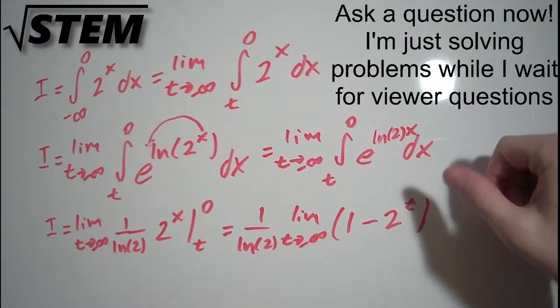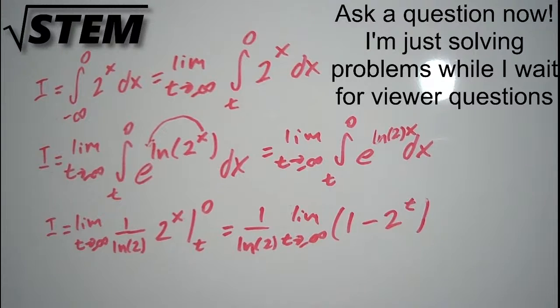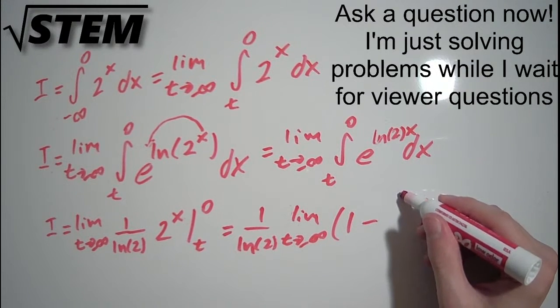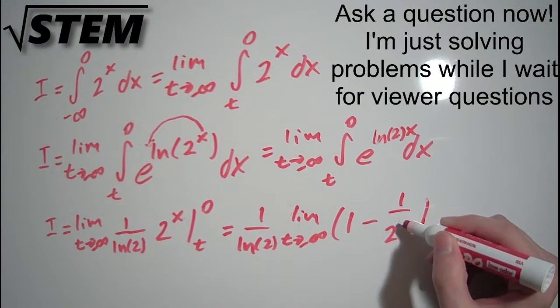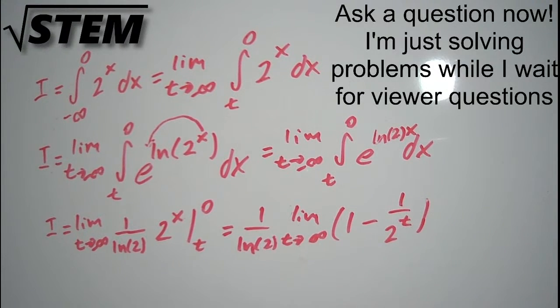So right now, t is some negative number, which means we could really write this as 1 over 2 to the t and say that t is going to a positive infinity.